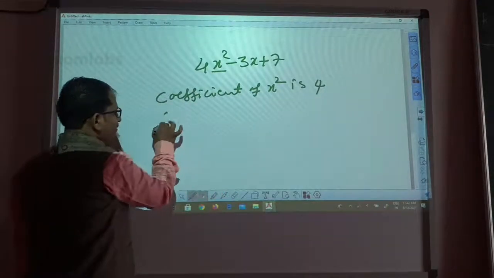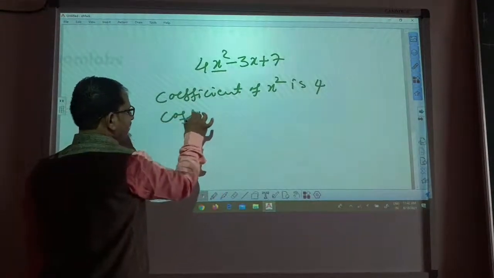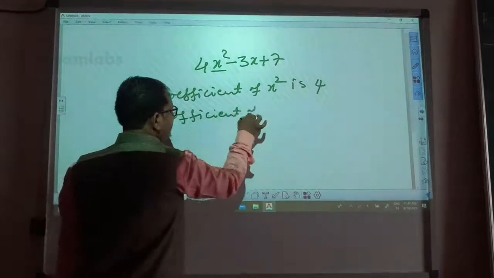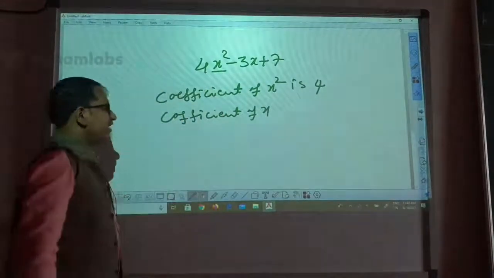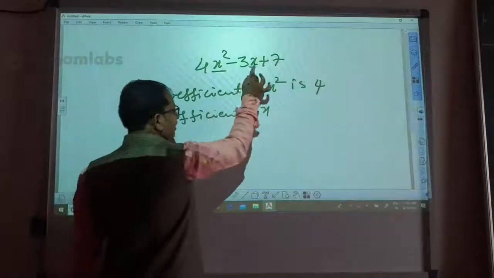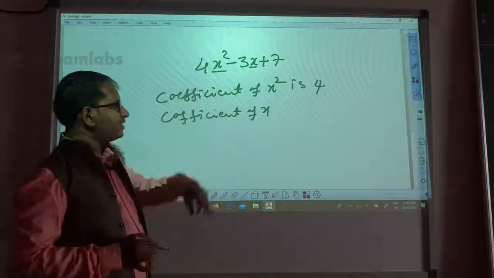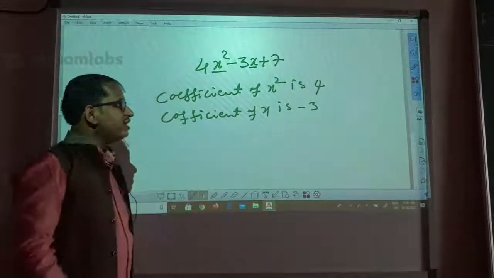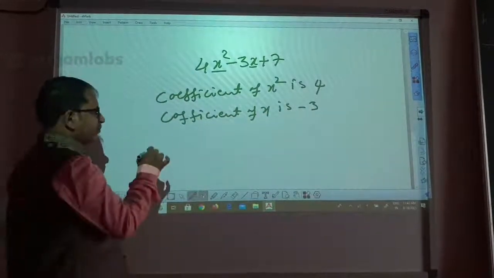What is the coefficient of x? See here, behind the x is minus 3, right? So the coefficient of x is minus 3.